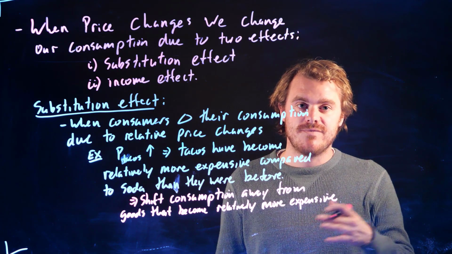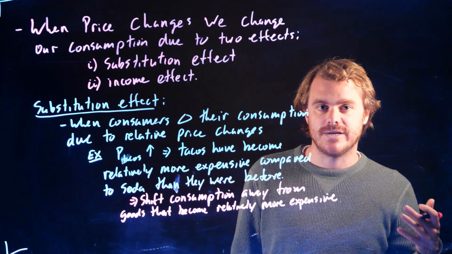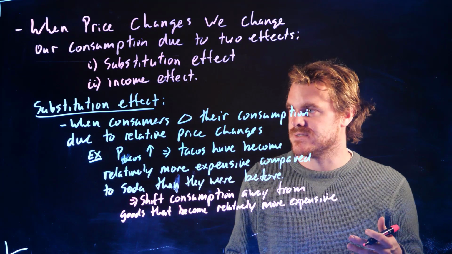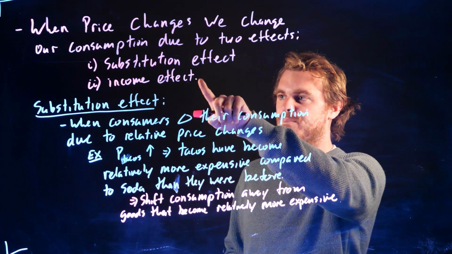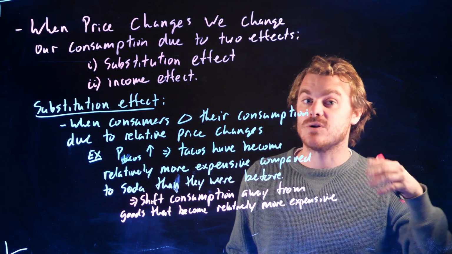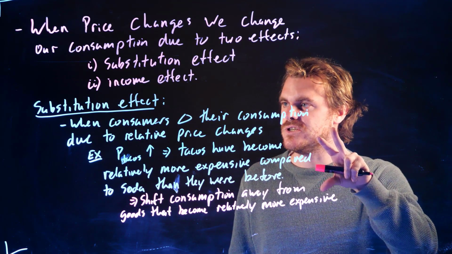And the substitution effect is going to make us purchase less tacos and more soda. So that's one part of the change in consumption between these two goods. In general, we're going to think of this substitution effect as being bigger than this income effect, except in one special case, which we'll talk about in a couple minutes. All right, so this is the substitution effect.